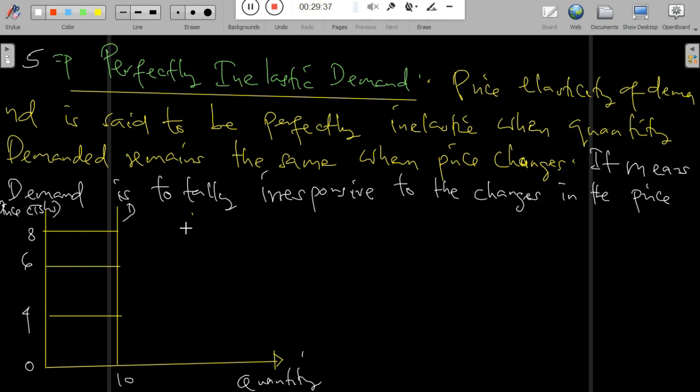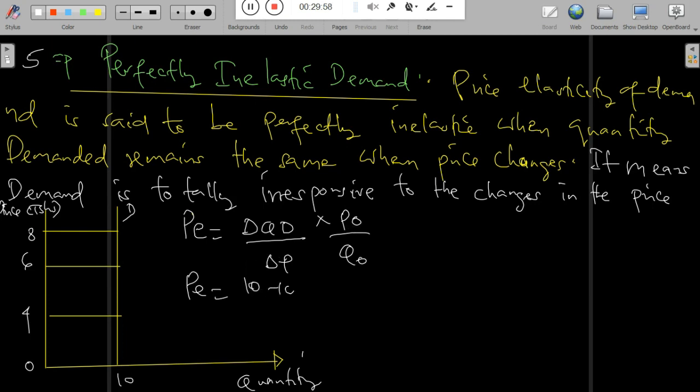We have the price in Tanzania shillings on the left hand side. The price changes from 4 to 6 to 8, while the demand curve, that is the vertical line at the quantity on the x-axis, remains constant at 10. So when you calculate the price elasticity of demand for this kind of perfect inelastic demand, you take the change in QD over change in P times P over Q0.